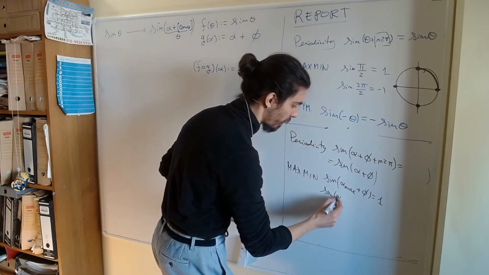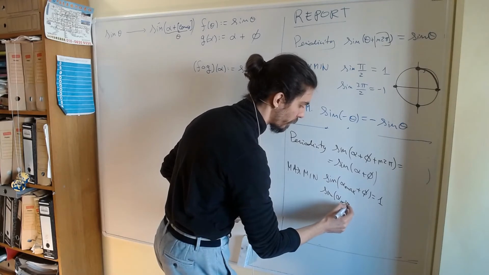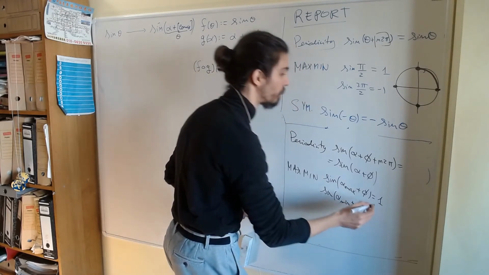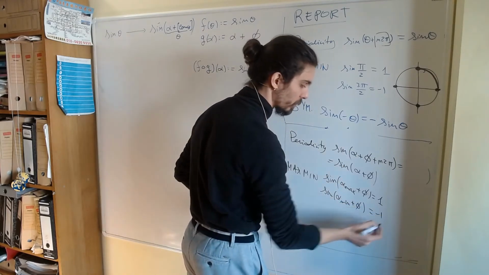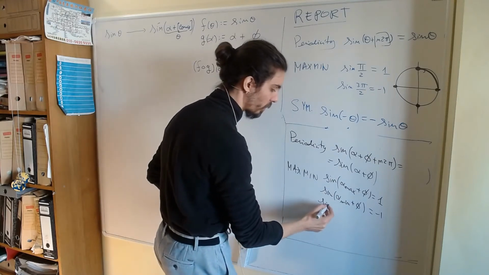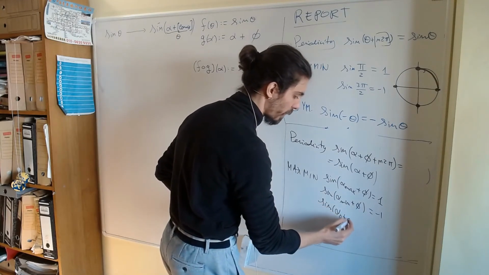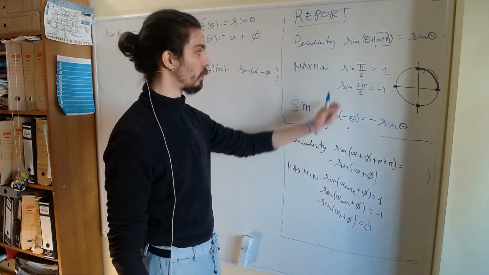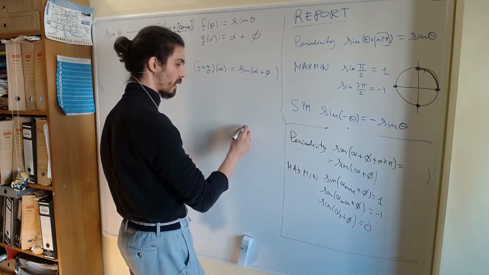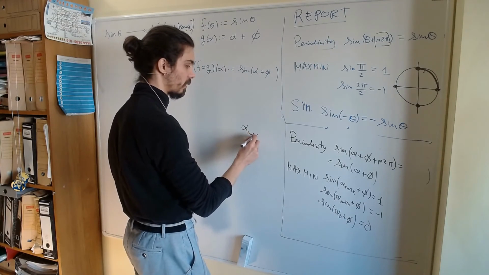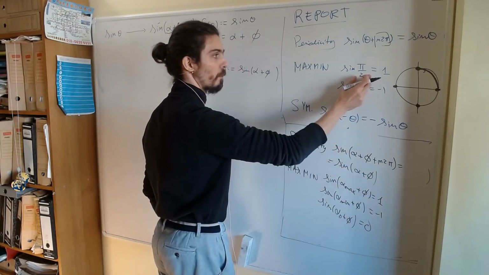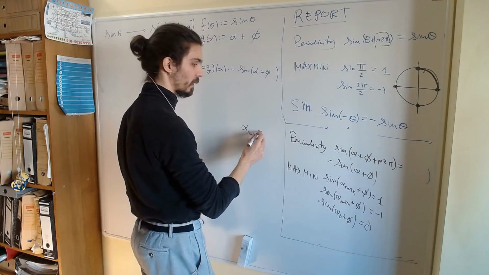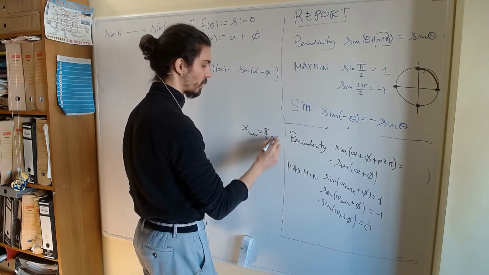Sine of alpha max plus phi must be when the sine takes its maximum, so it's 1, and sine of alpha min plus phi must be when the sine takes its minimum, so it's minus 1, or sine of alpha 0 plus phi must be 0. Now we solve this by comparing this with this. And the conclusion that we get is that alpha max plus phi must be pi over 2, or in other words, alpha max must be pi over 2 minus phi.